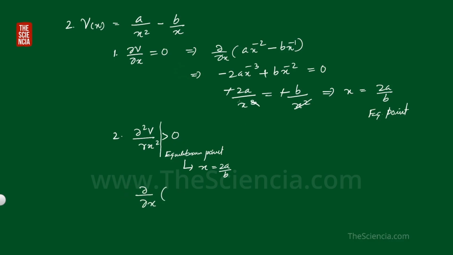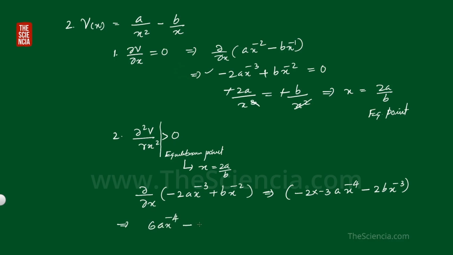We know the first derivative is -2a x⁻³ + b x⁻². Differentiating gives (-2)(-3) a x⁻⁴ - 2b x⁻³, that is 6a x⁻⁴ - 2b x⁻³.